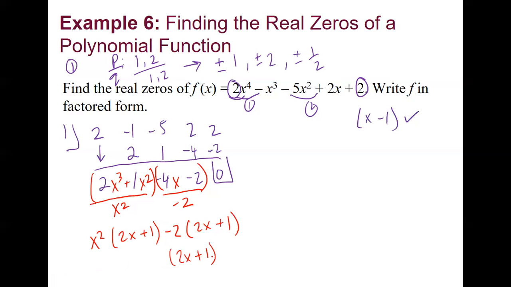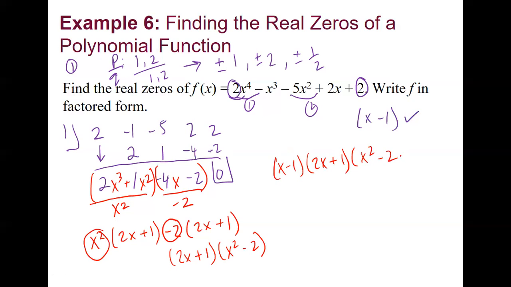And what am I left with? x squared minus 2. And that is factoring by grouping. So fully factored, we have x minus 1 times 2x plus 1 times x squared minus 2.